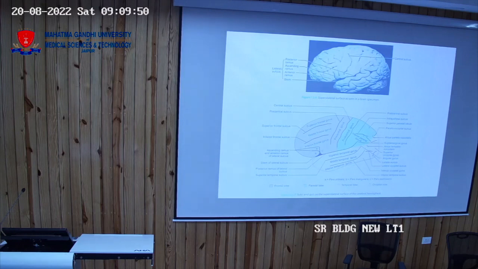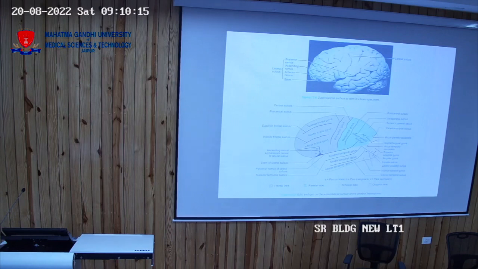And beside this, the inferior frontal gyrus shows the rami of the lateral sulcus: the ascending ramus, the anterior ramus and the posterior ramus. Then come to the parietal lobe of the brain. In the parietal lobe, just posterior to the central sulcus, this is the postcentral sulcus.